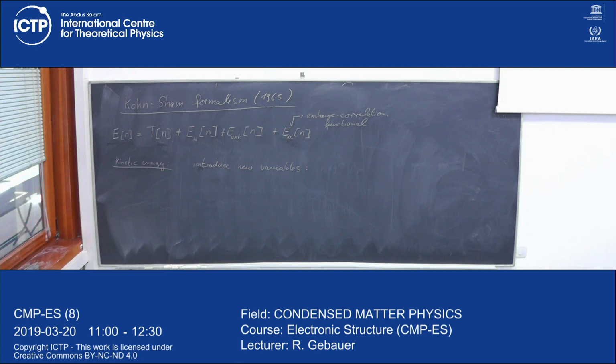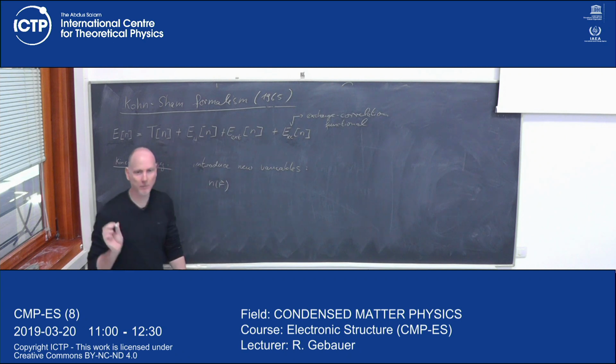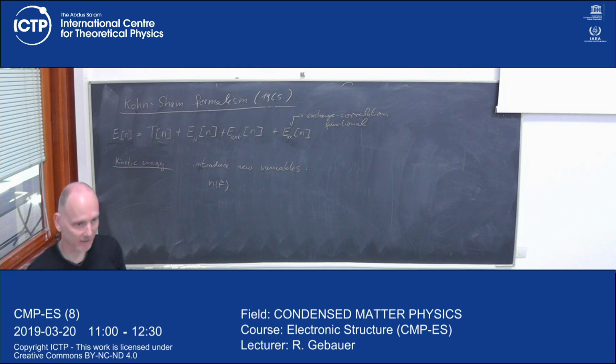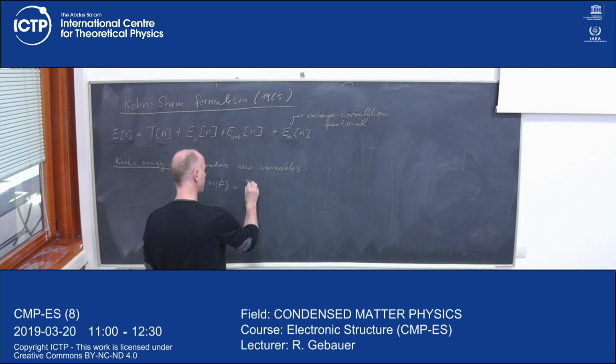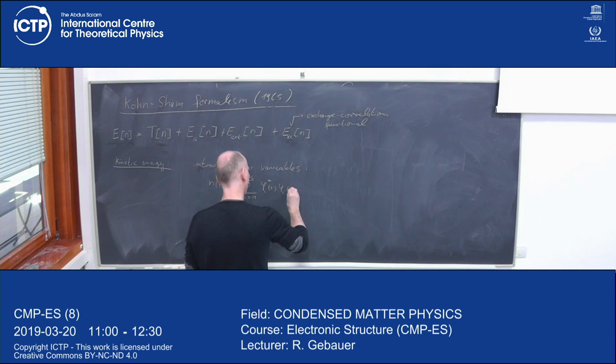And now comes something which, when you hear it for the first time, seems to defy the logic of density functional theory. Because they say, n of r is our basic quantity, but we now reintroduce single particle orbitals, as if we were looking for a wave function. We introduce new variables such that we have n of them, and the sum over all of them of phi_i of r complex conjugate times phi_i of r equals the density.